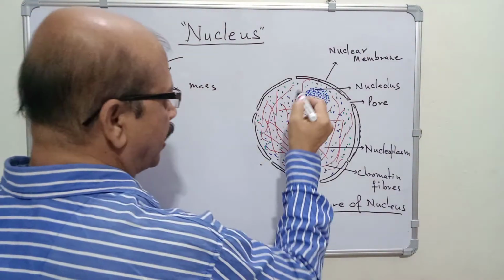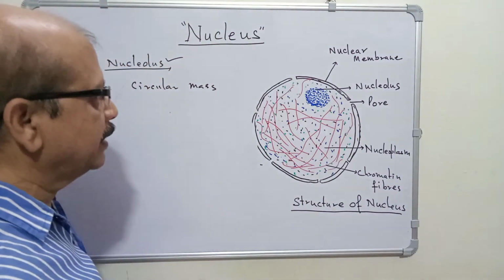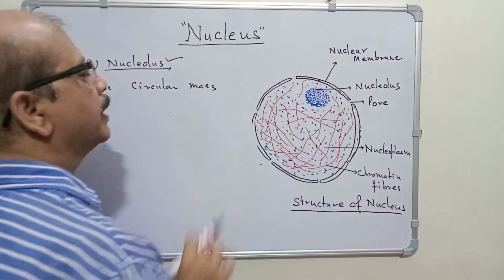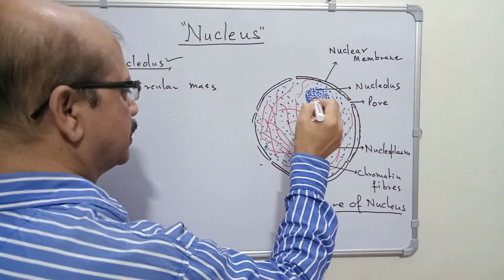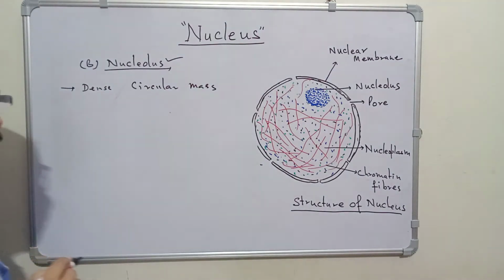They are not membrane bound. I mean to say, there is no such structure like nuclear membrane. So they are devoid of any membrane. They are just a dense mass of proteins and RNA.